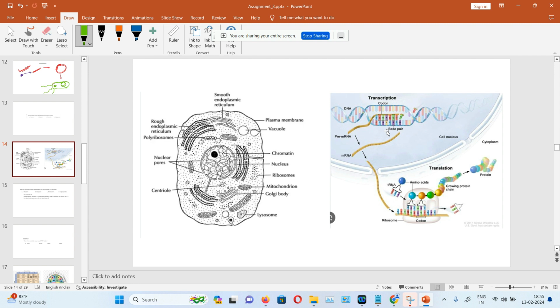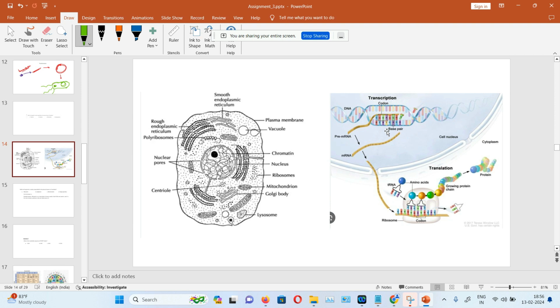But the DNA is a very long structure, and not all the codes correspond to a particular amino acid. So you want the cell, or the ribosome, to understand that this is the starting point of protein synthesis.